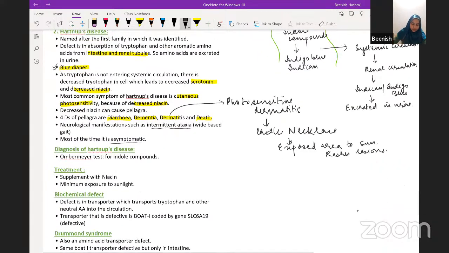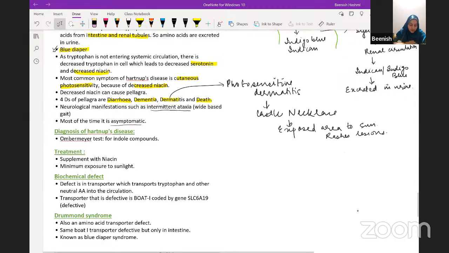Now talking about the diagnosis of Hartnup's disease. The test is known as Obermeyer test, which is for indole compounds, and treatment includes supplements with niacin as your niacin synthesis is decreased, and minimum exposure to sunlight as there is photosensitive dermatitis, cutaneous photosensitivity.